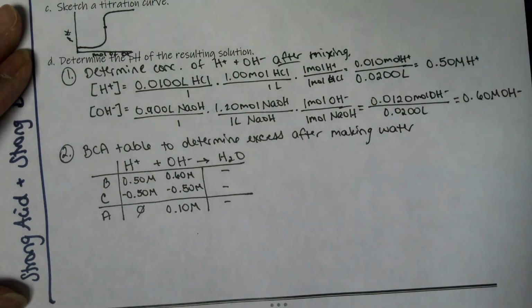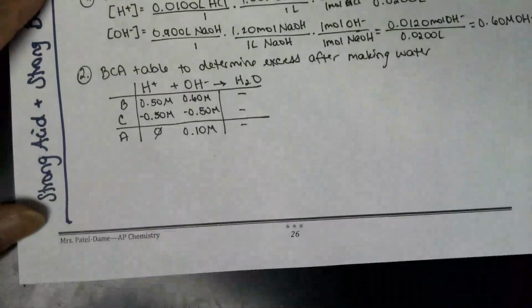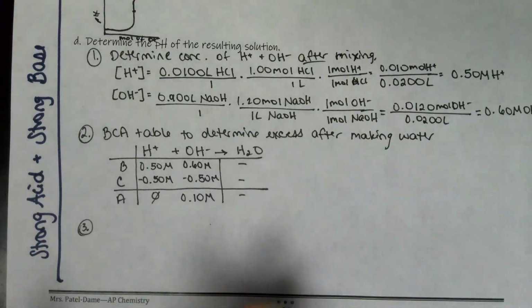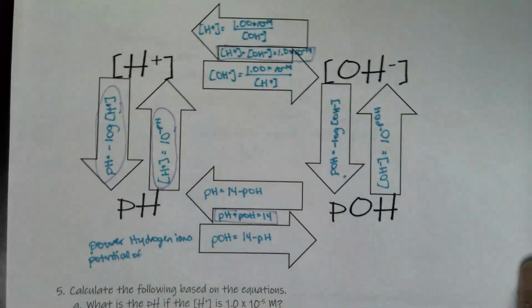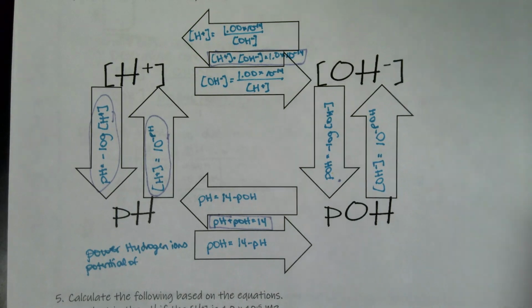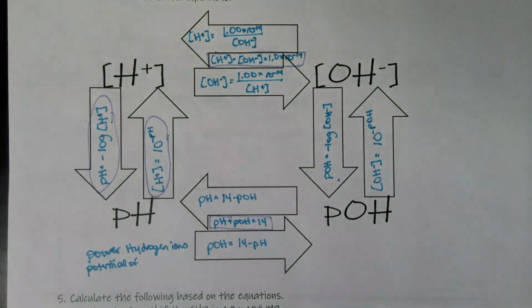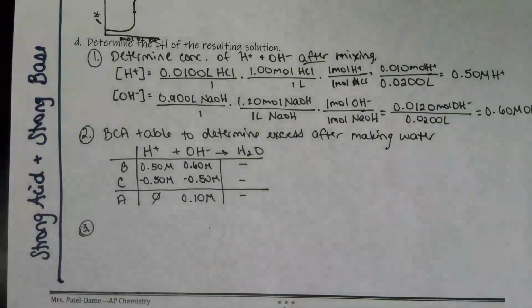Then, because this is a strong acid, strong base, we can use the pH square. And when I say pH square, I mean go back to topic 8.1, 8.2, and look at this. In fact, put it on colored paper and make sure that you have this readily available as we're progressing through this unit.